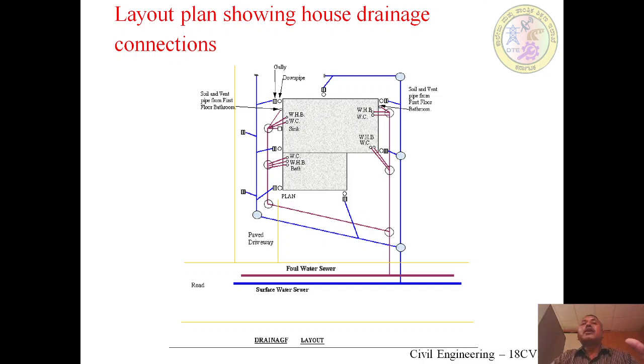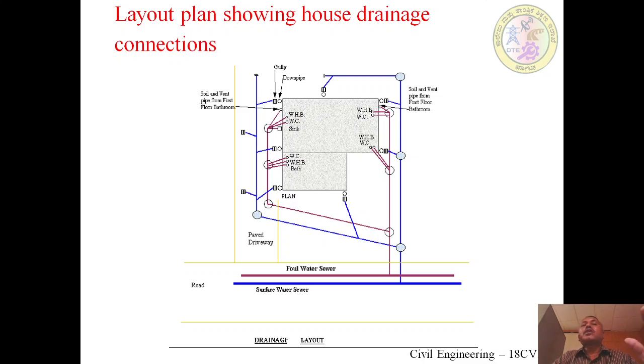This is showing the ground floor and first floor structures, so that soil and water pipes from different floors, and sanitary water from different water closets, baths, and wash basins also, with proper inspection chambers, circular chambers, where it is going to get collected and conveyed.